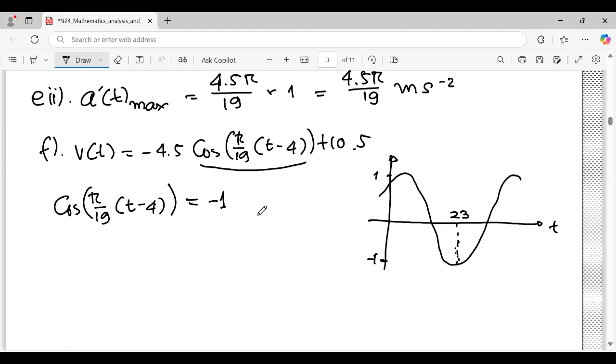So t equals 23. Substitute 23 into this function, and if you calculate, the result is 10.5.